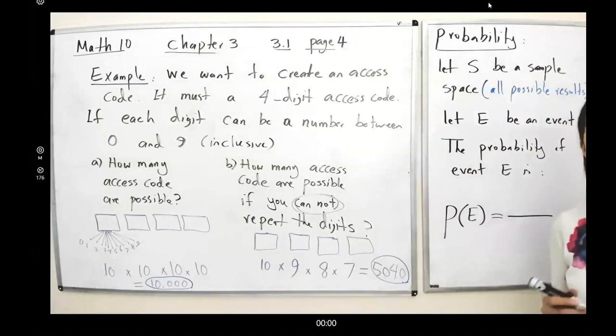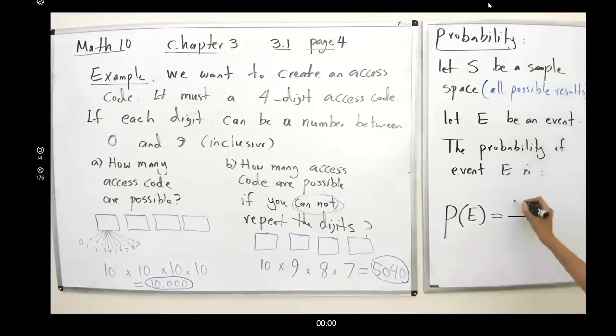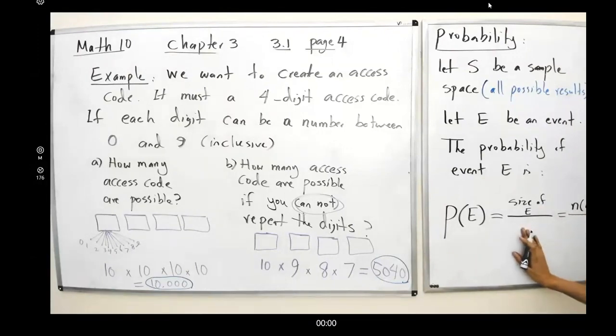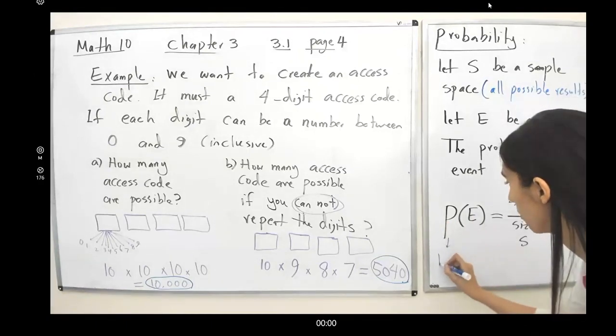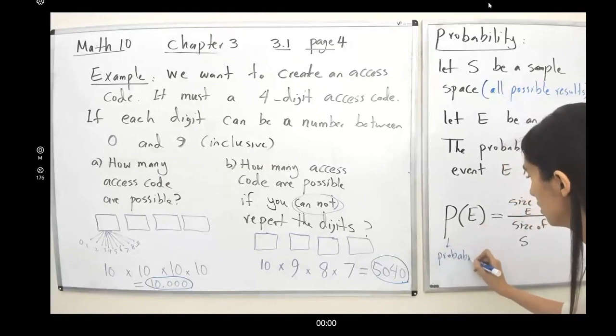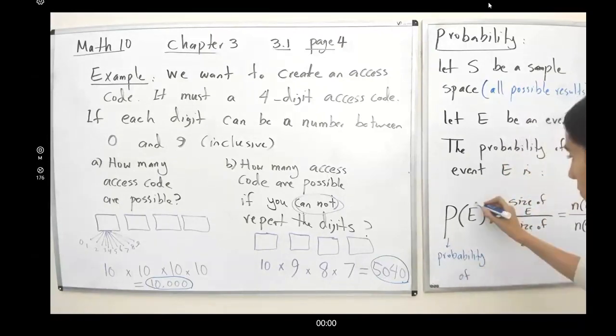On the numerator of the fraction, you write the size of your event, N of E. On the denominator, you write the size of the sample space, N of S. This is the definition of the probability of event E. P is probability.